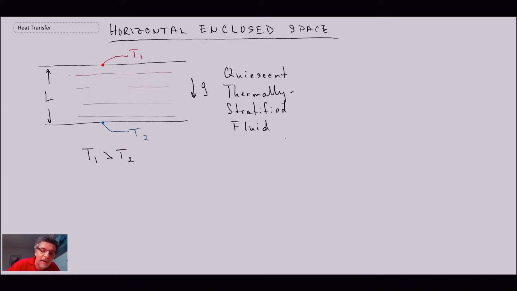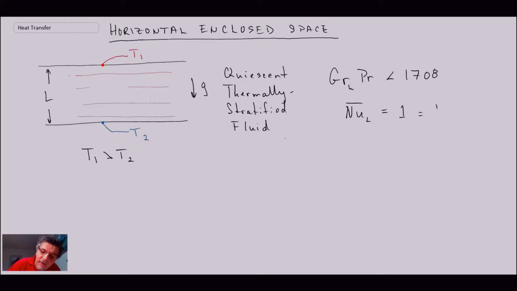And the condition under which this would exist would be Grashof-Prandtl less than 1,708. For this condition, the Nusselt number is going to be equal to 1.